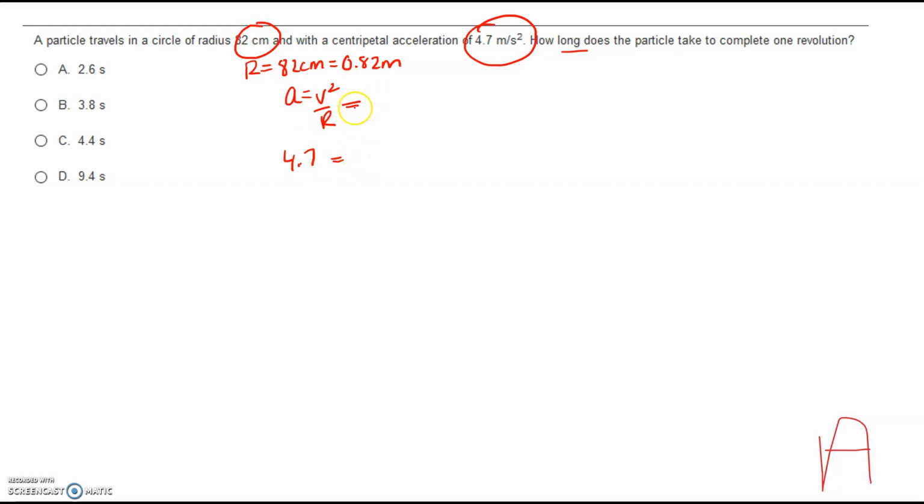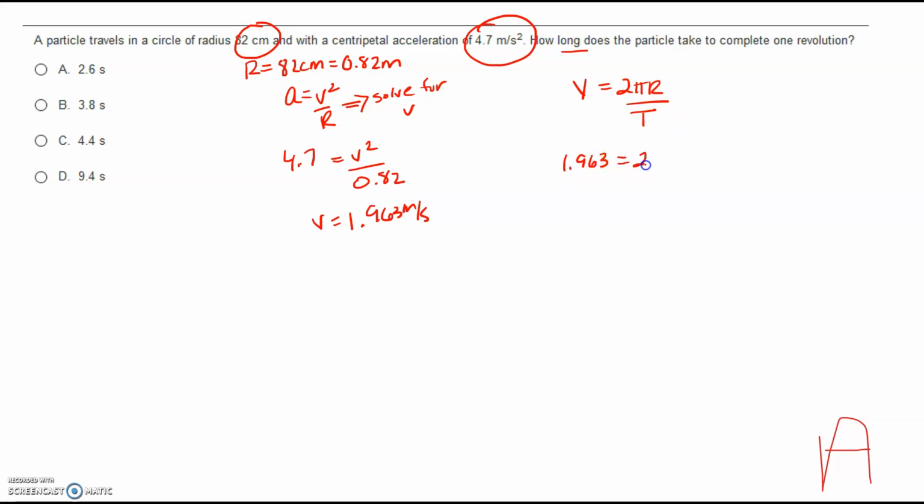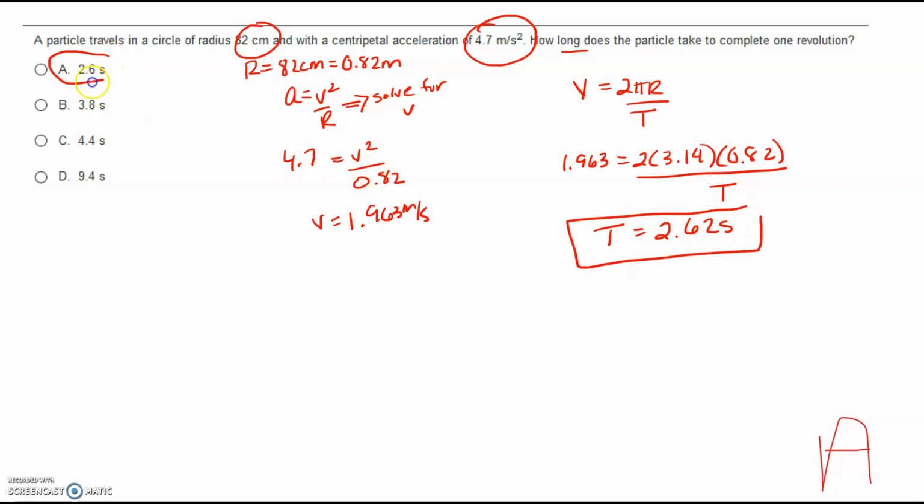I'm solving for v squared, with 0.82. So v is going to be equal to 1.963 meters per second. And then I'm going to use this to find my time. So I plug in 2 pi r over time, and I get 2.62 seconds, which is A.